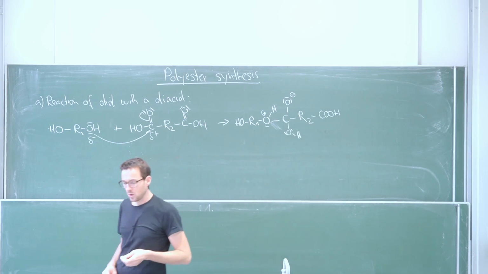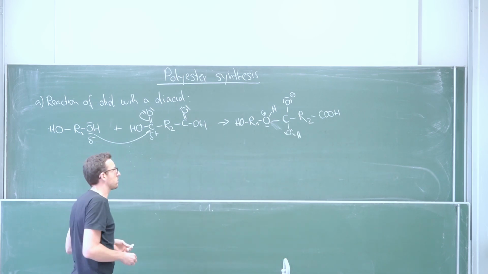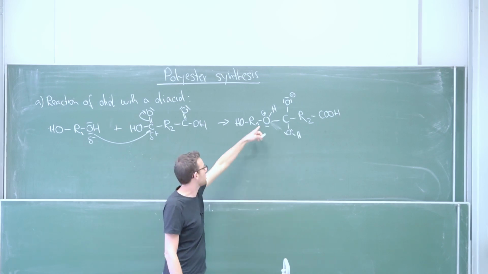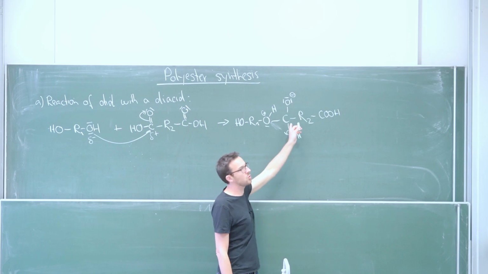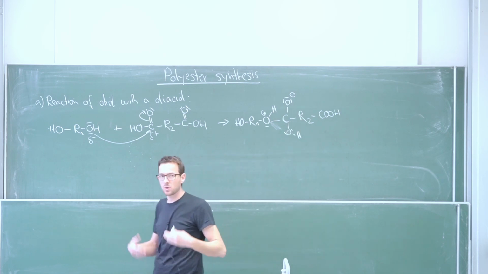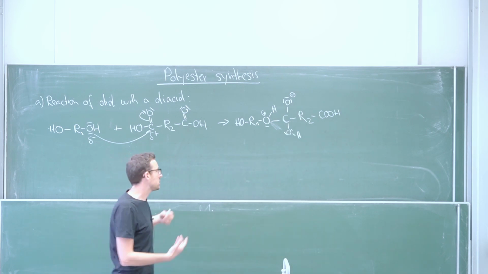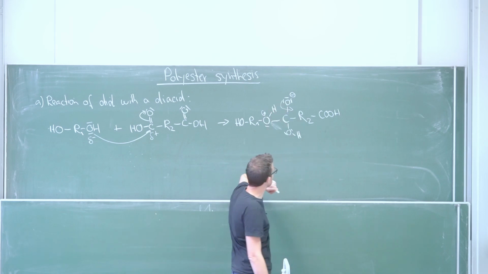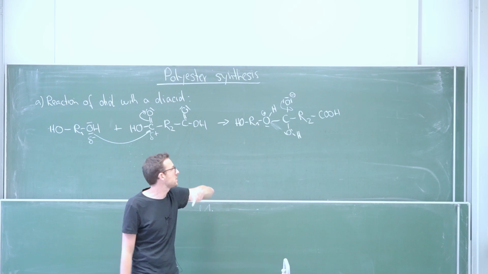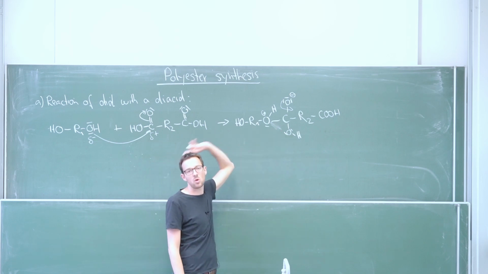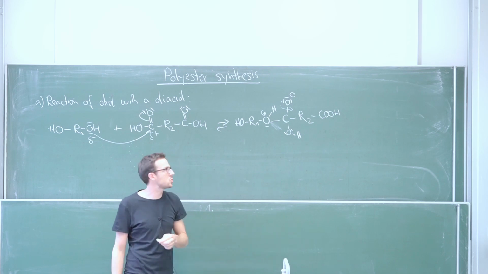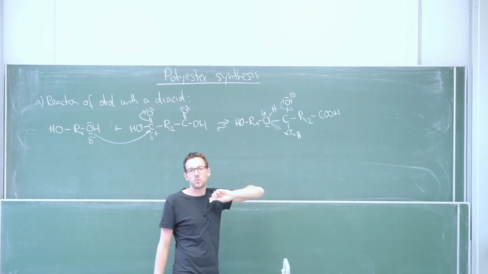Okay, so now obviously this is a situation that's not very sustainable because we have a positive charge at this oxygen here, and this carbonyl bond wants to recover the double bond because this is very low in energy. So in the next step, this bond reforms, and for this something has to yield. There are two options: either this can yield and then we go back in the other direction, so this is an equilibrium reaction, or we can get rid of the OH.